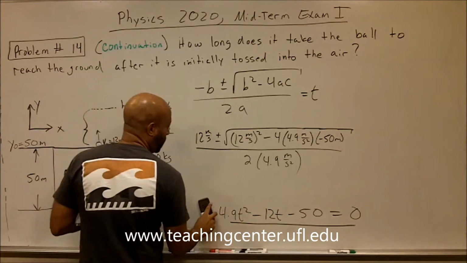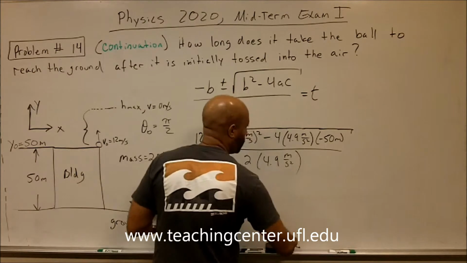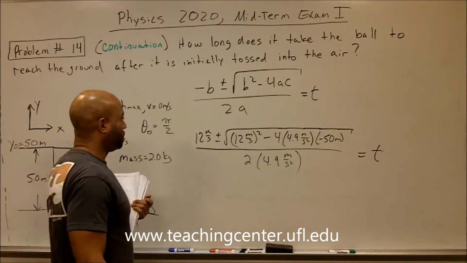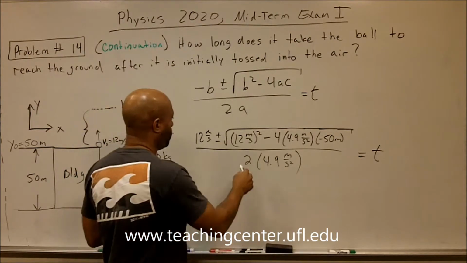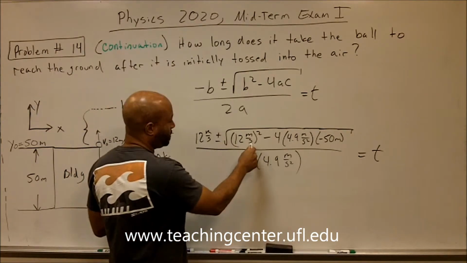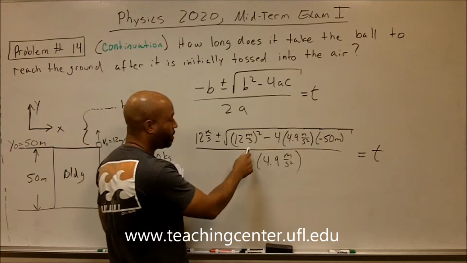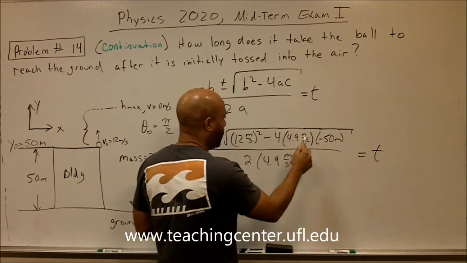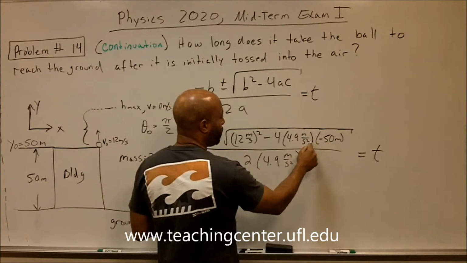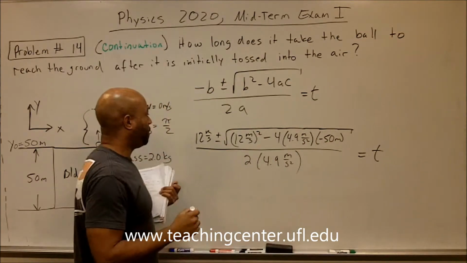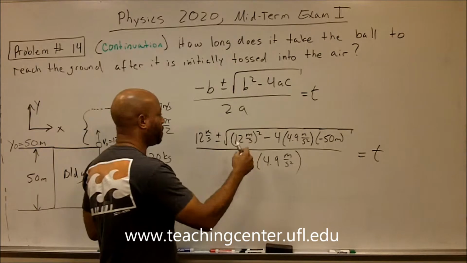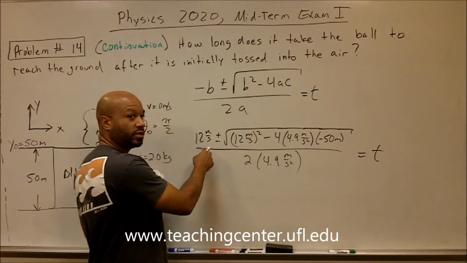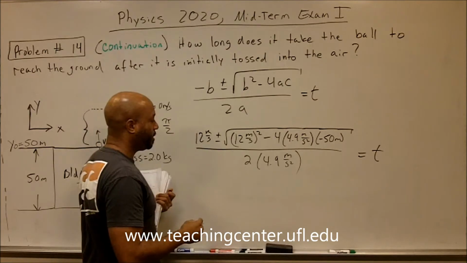Okay? And so this is equal to t. So, in this particular problem, we have meters per second, and that's going to be squared, so we have meters squared over seconds squared. And here we have a meters times a meter, so that's a meter squared over seconds squared. And when we take the square root of meters squared over seconds squared, we just get meters per second, which is consistent with the units here, so we can add them together.